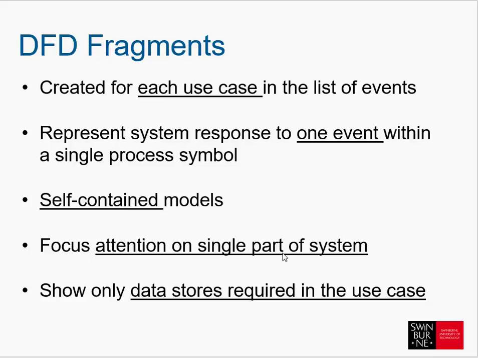It shows you what will happen if you execute one single use case in your system. Sometimes it can be very complex, but usually it's the smallest abstracted level of process in your system. And this fragment also shows you the entities required in your use case execution.